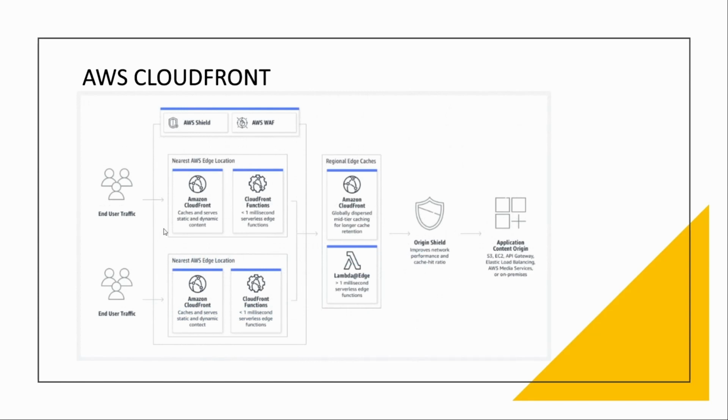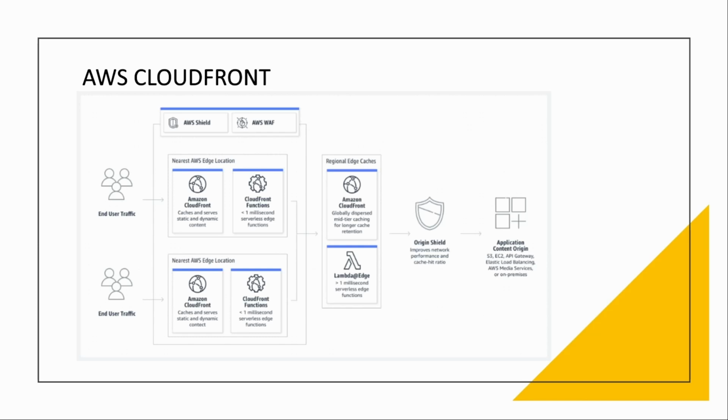Now coming to CloudFront. You have seen when you log in to Netflix in a different country, suppose if I am in Germany and if I am in India, Netflix will automatically understand that okay, now I am connected to India, so I will show shows on the Indian account, and if you're connected to US or some other country, as I said Germany, it will show the shows according to the Germany area.